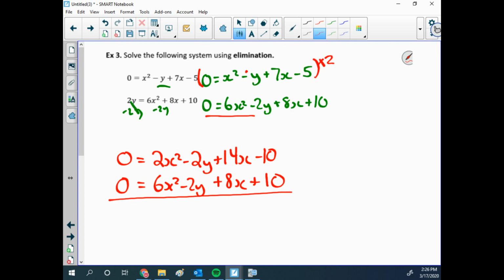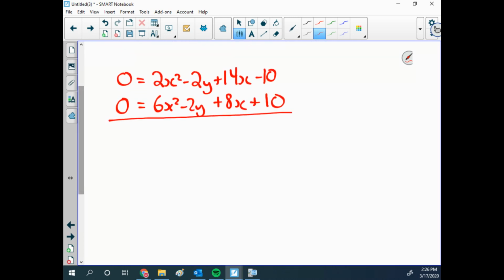Now what I need to do is eliminate. If I eliminate by adding here, -2 plus -2 is going to give me a -4. It doesn't eliminate. So I'm going to take these equations and subtract them.